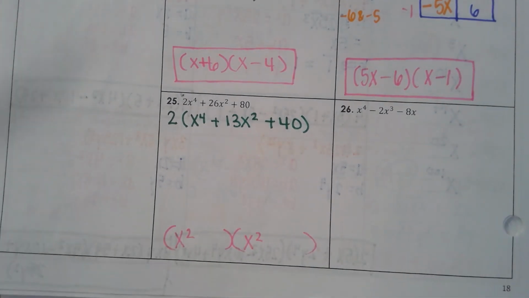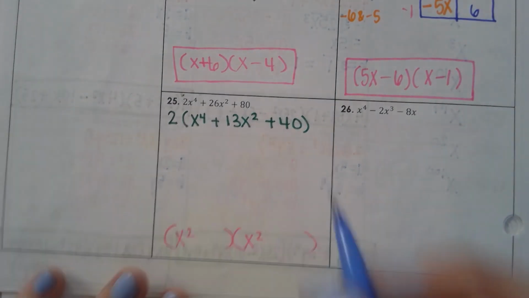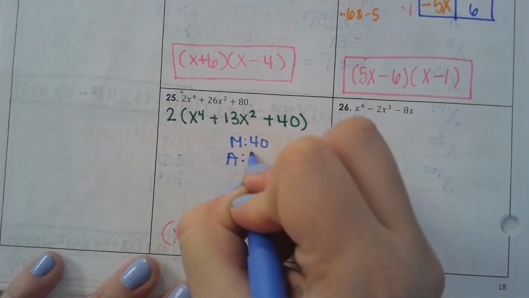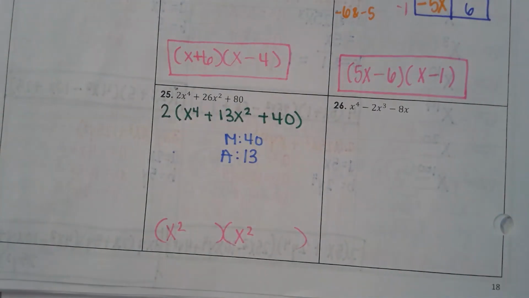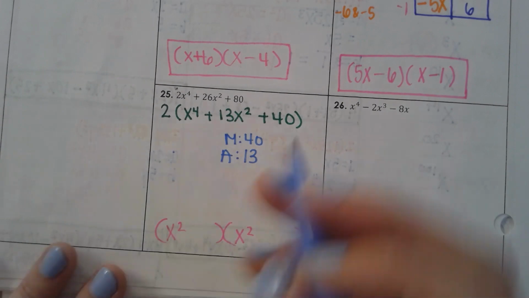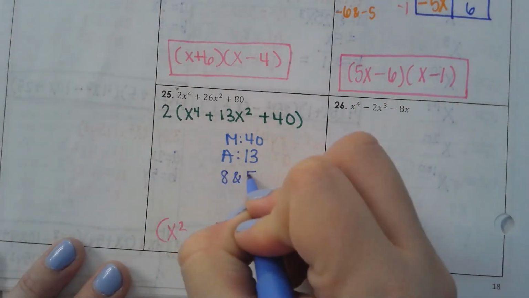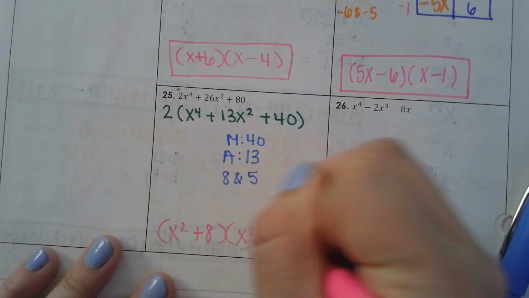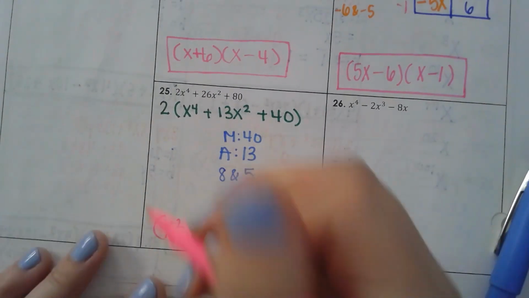So we still are going to look for two numbers that multiply to be 40 and add to be 13. Eight and 5. So it's going to be x squared plus 8, x squared plus 5.